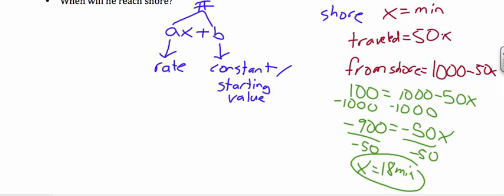The a number is typically going to be a rate. It is what's going to be changed depending on what x is. So here, this was the speed that I was traveling. Okay, so because I was traveling 50 every minute, if I multiplied 50 times the number of minutes, which I called x, I could figure out what the distance I'd traveled was. But maybe this is something else.